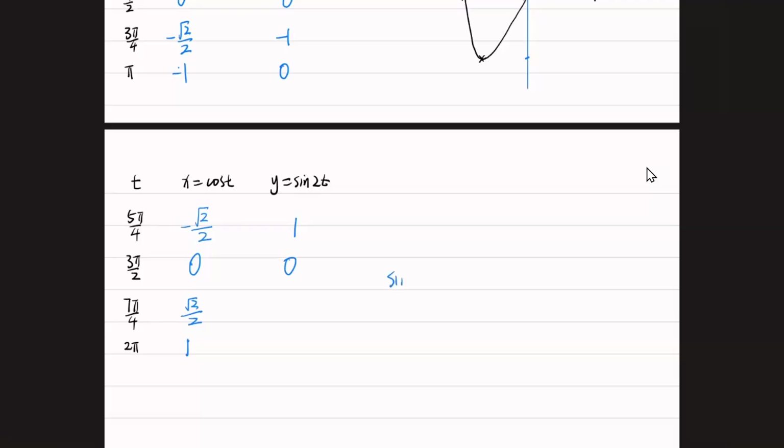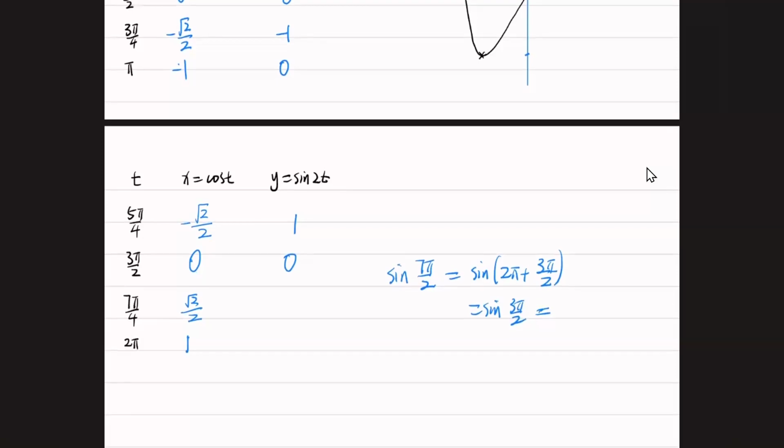Sine 7 pi over 2 is sine of 2 pi plus 3 pi over 2, so sine 3 pi over 2. 3 pi over 2 is going downwards, so it will be negative 1. Last one is 0.